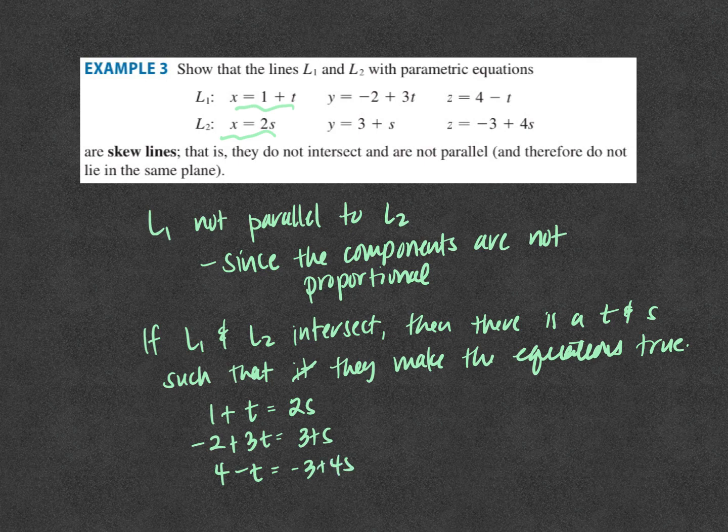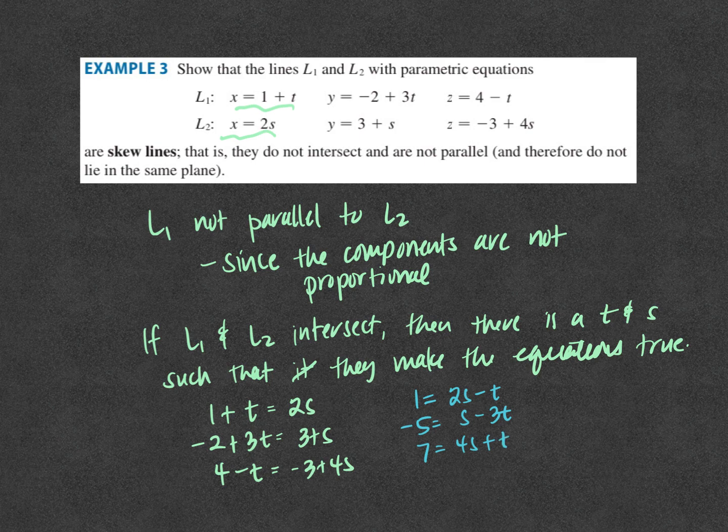Now we're going to rewrite these so we can have systems of equations. I'm going to say 1 equals 2s minus t. And then I'm going to bring the 3 over as a negative 3. So negative 5 equals, we're going to keep the s minus 3t. And then 4 plus 3 is 7 equals 4s plus t.